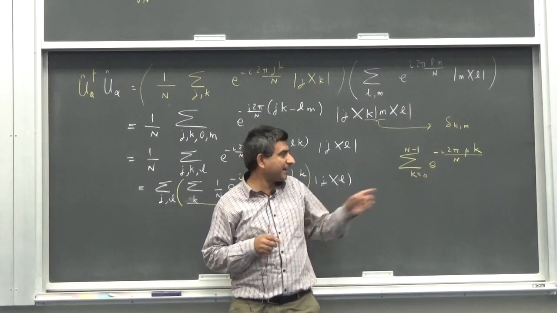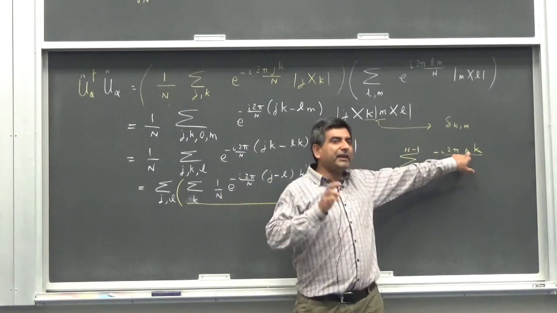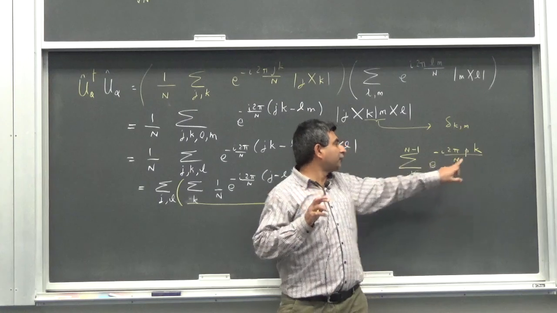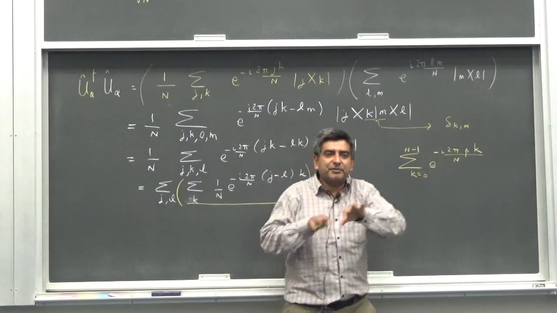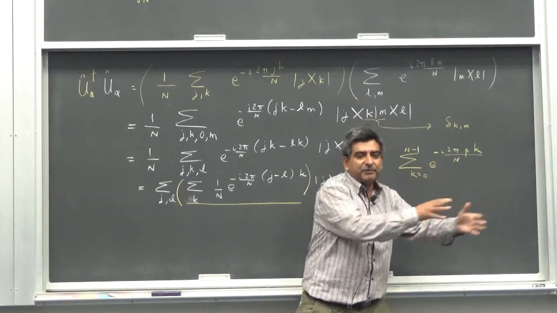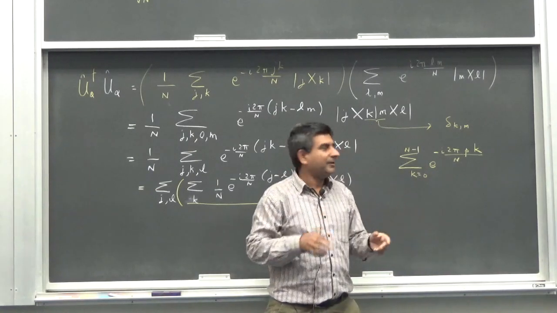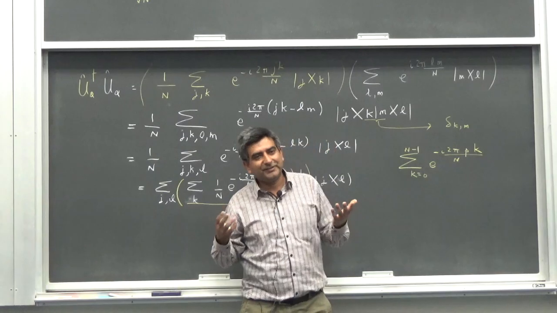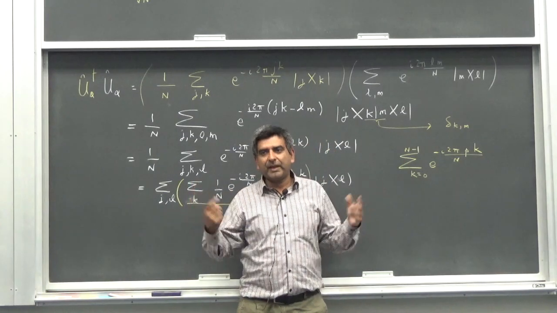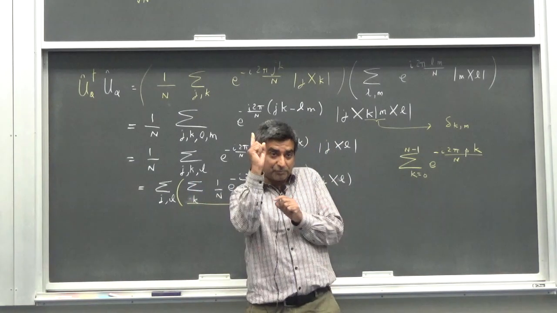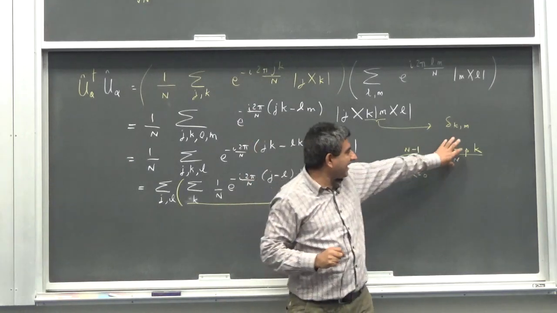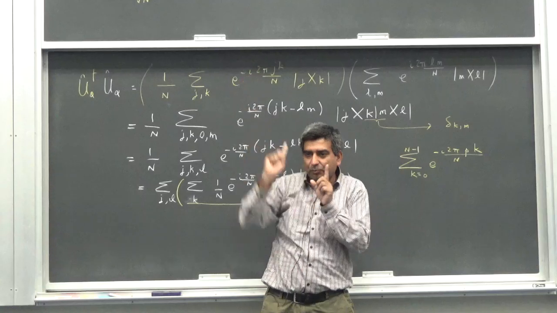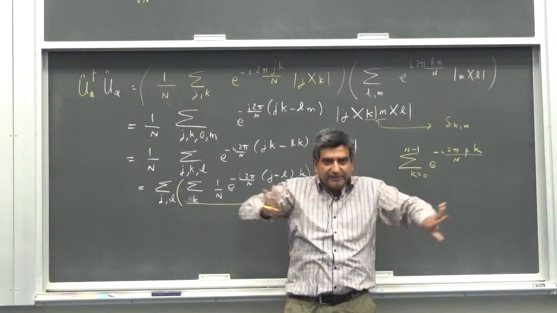So my running variable is k, going from 0, 1, 2, 3 all the way up to capital N minus 1. But this p is an integer that I can choose. If this p was 0, then this exponent will be e raised to the power 0, which is 1, and I'm taking n of these terms.